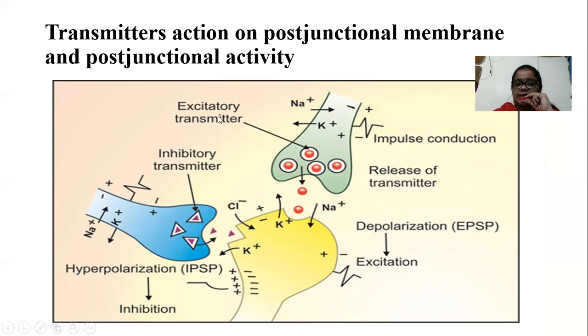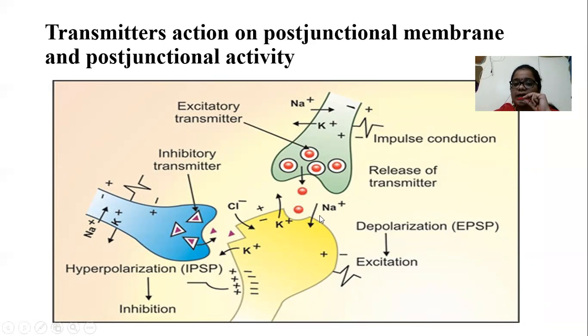If an excitatory neurotransmitter is released from the presynaptic neuron, it binds with the postsynaptic neuron and shows a depolarization effect, nothing but excitatory postsynaptic potential. So it shows an excitatory effect.